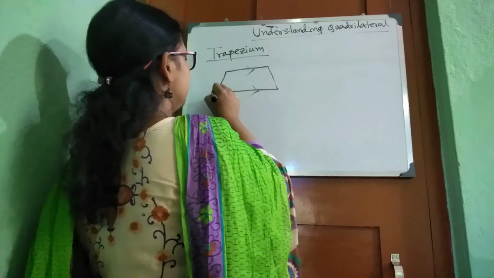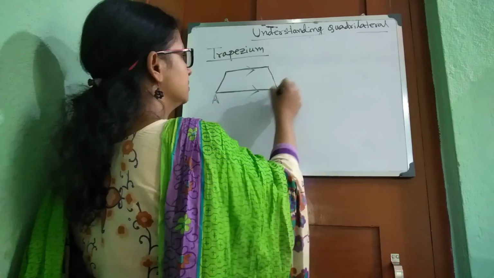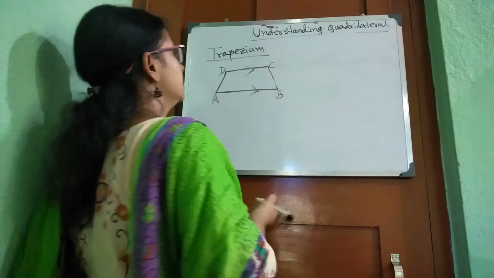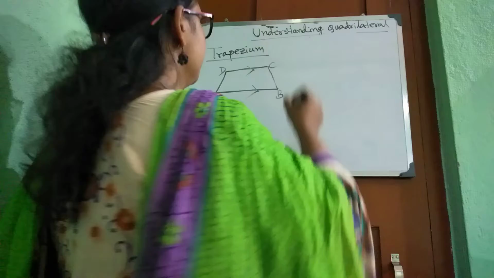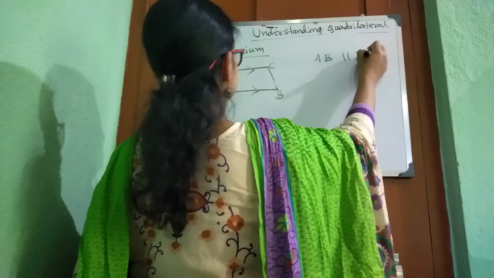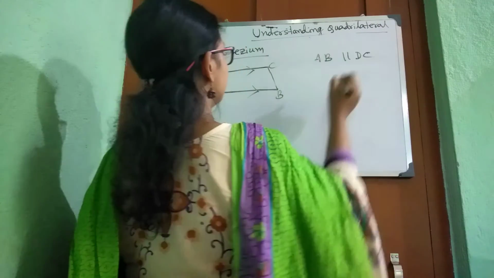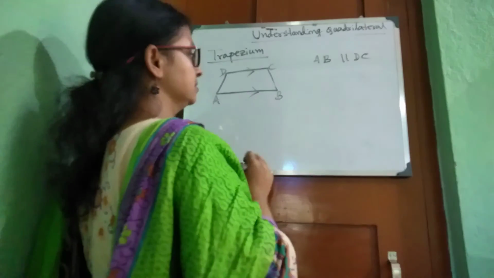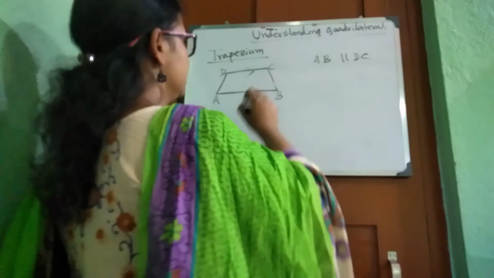If I give the name, it is trapezium ABCD. Here AB is parallel to DC, but AD is not parallel to BC.